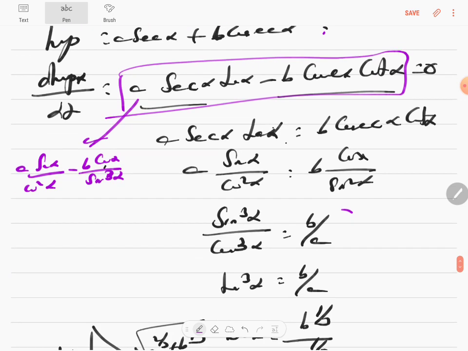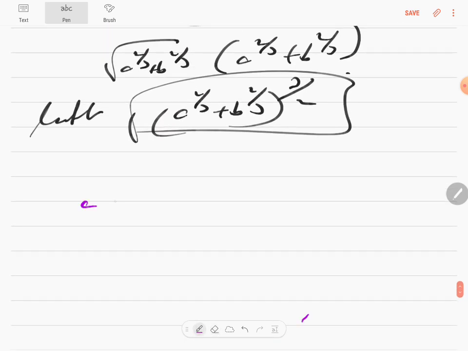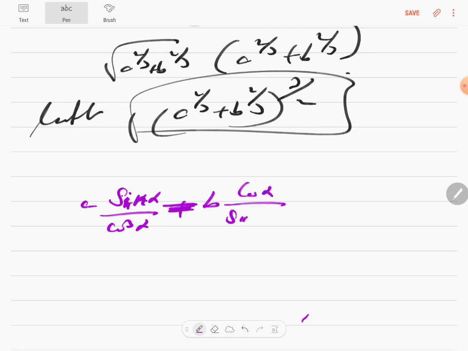Let's differentiate this. Double differentiation. Write the denominator as it is, cos cube, and differentiate the numerator, minus cos alpha, so it will become cos to the power 4 alpha. Should I do it separately? Yes. A into sin alpha by cos cube alpha, minus b into cos alpha by sin cube alpha.